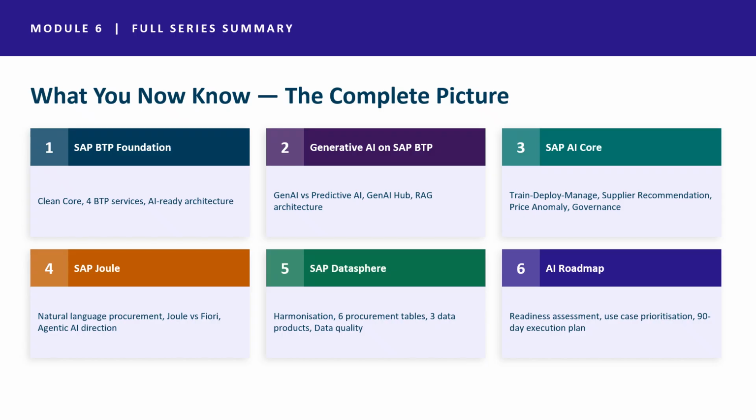Module 4, Joule Conversational AI, Agentic Direction. Module 5, DataSphere, Harmonization, the 6 tables. Module 6, AI Readiness, Use Case Prioritization, 90-day execution plan, and Signavio, Process Discovery, Closed Loop Measurement. The gap between knowing and doing is the only gap that matters. You now have the knowledge. The next step is applying it.